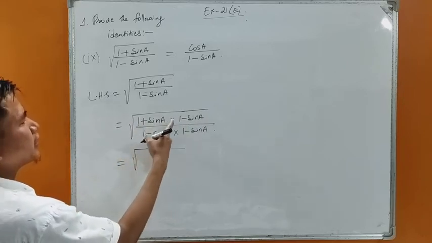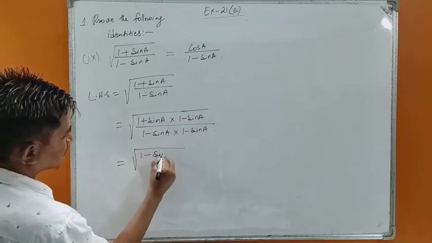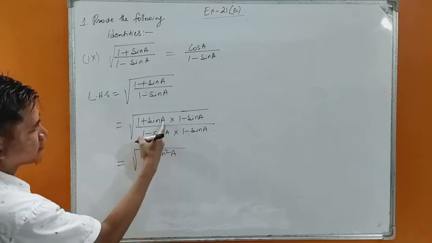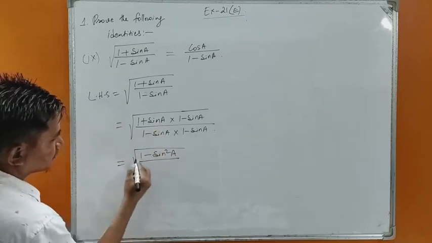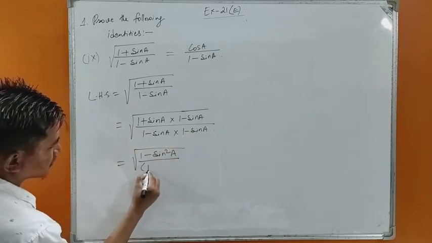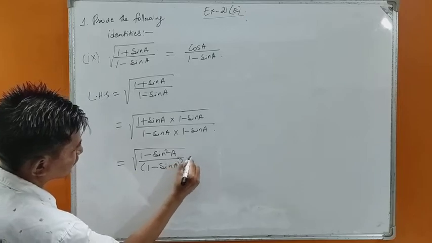A plus B into A minus B is A square minus B square. So 1 square is 1 and sin square A. So A minus B into A minus B is A minus B whole square, sin A whole square, isn't it?